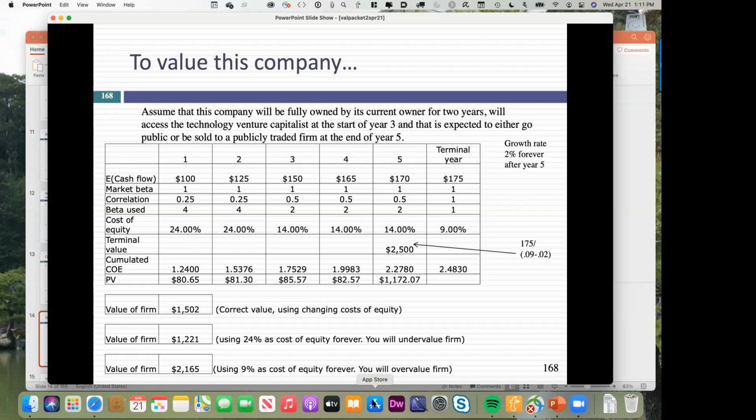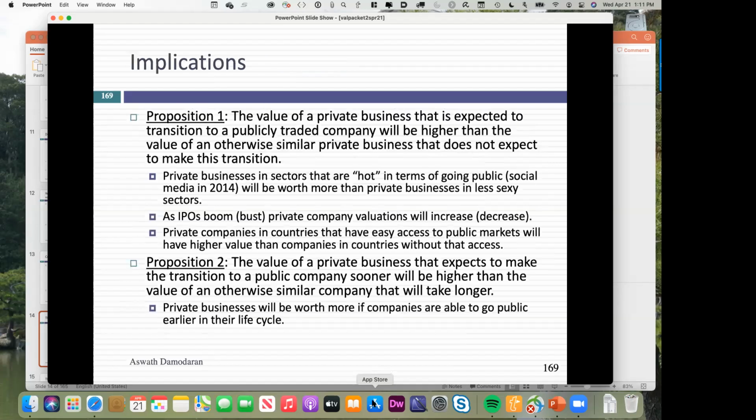But the implication of what I've done in this page is, if you have a private business which you expect will go public or get sold to a public company, that private business should be worth more than a private business that doesn't have the choice.